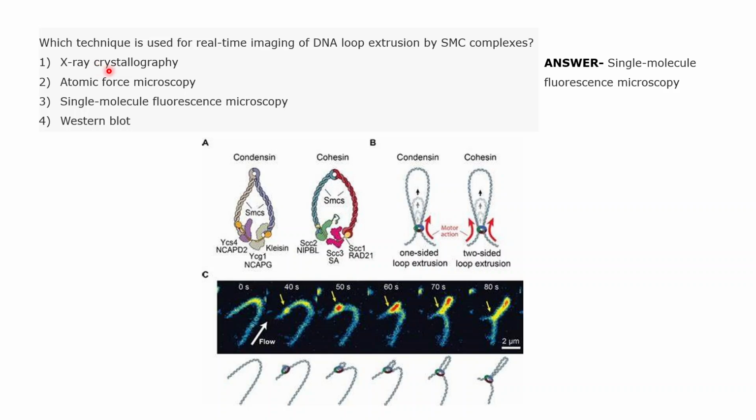X-ray crystallography means that you have to determine the three-dimensional structure of a particular protein there, right? Suppose you have purified a protein from a bacterial expression system, and then you have made a crystal of that protein. If you have a crystal, then you can undergo a process called X-ray crystallography.